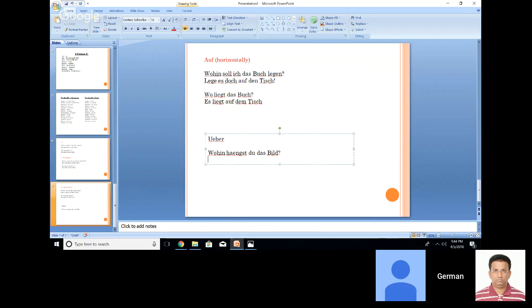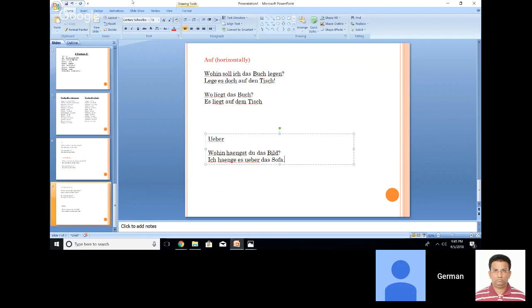Ich hänge es über das Sofa. I hang it over the sofa.